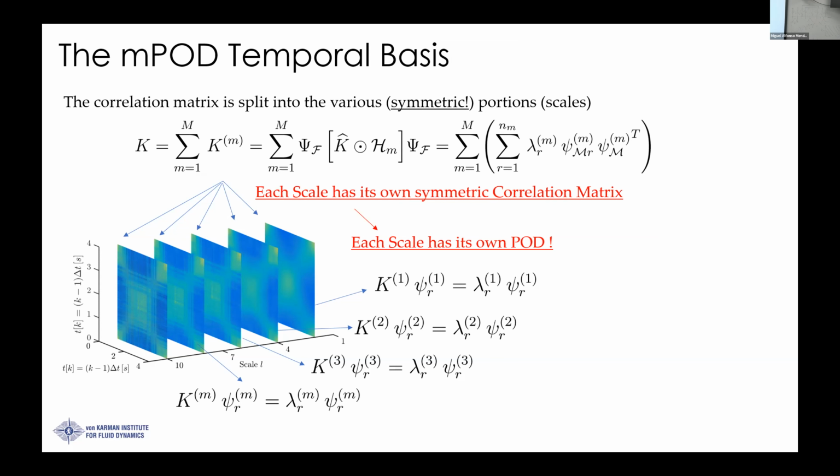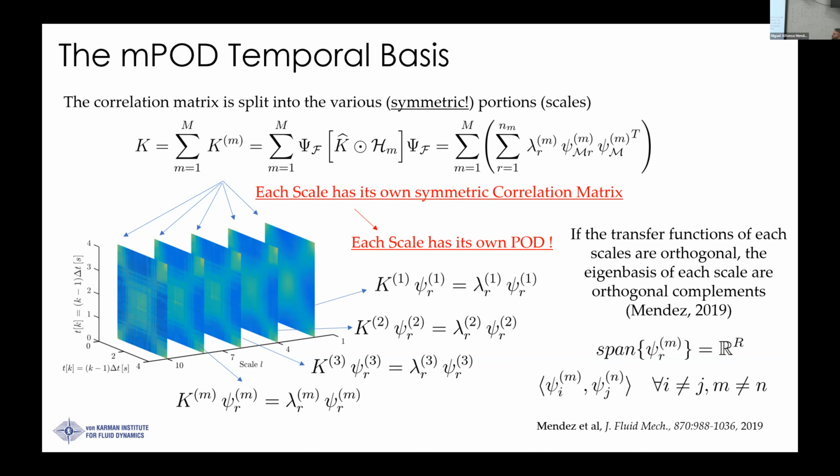So once you have done all of that, we can reassemble and put together all these POD modes of the different scales to form one single basis, which is orthonormal. Okay, and that is the MPOD.